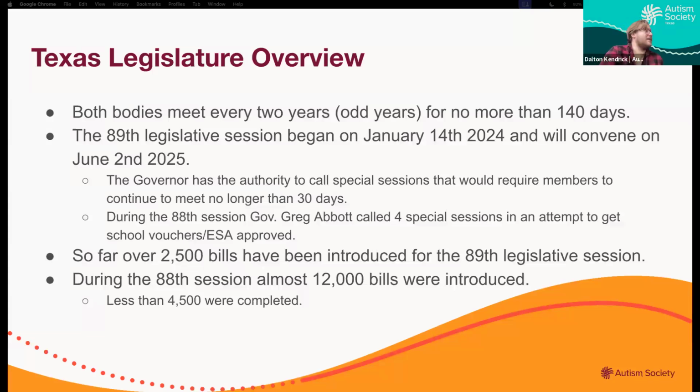Another point on special sessions: whenever the governor calls a special session, he is the only one that can determine what is discussed during those sessions. He can give them topics to talk about. One of them was school funding during the last couple of special sessions. They can only talk about school funding bills during those 30 days.